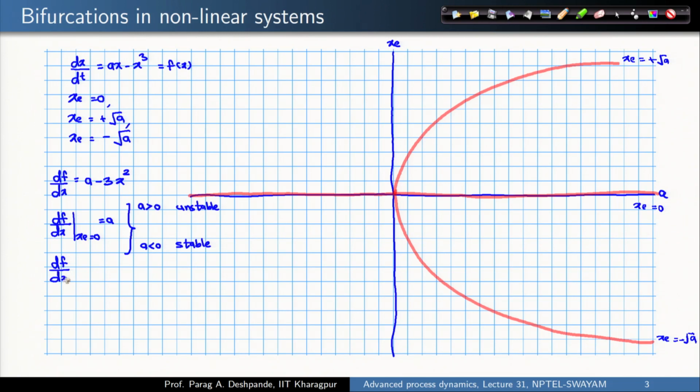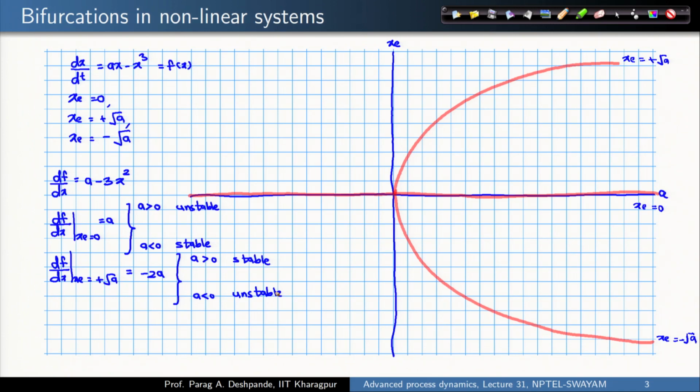Fine. Now, df by dx at x equilibrium is equal to plus root a would be what? a minus 3 root a squared, which is minus 2 a. So, I can again write this as a greater than 0 stable, a less than 0 unstable.